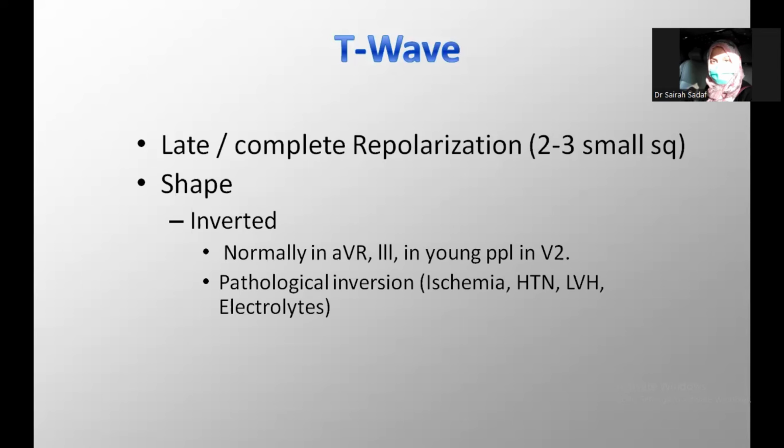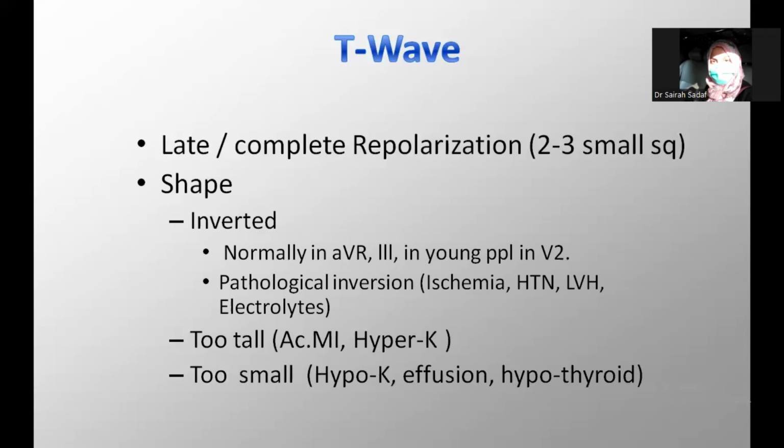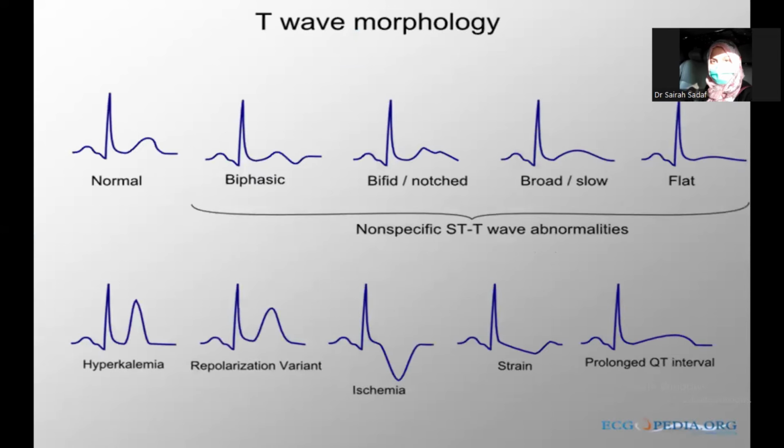There may be pathological inversion, when there is ischemia, hypertension, LVH, and electrolyte imbalances. It may be too tall in acute MI or hyperkalemia. It may be too small in hypokalemia, effusions, or hypothyroidism. There are so many other conditions as well, but I have mentioned here the commonest ones.